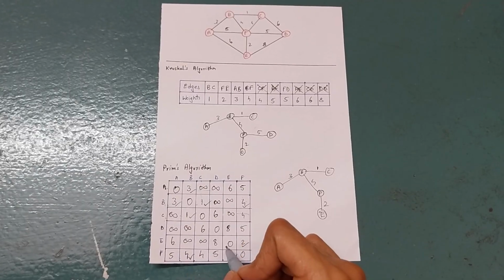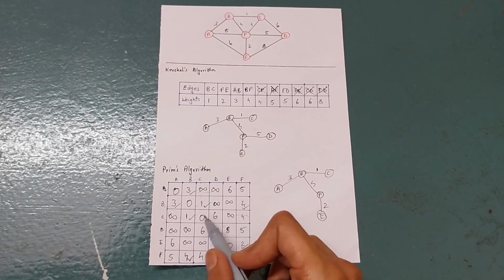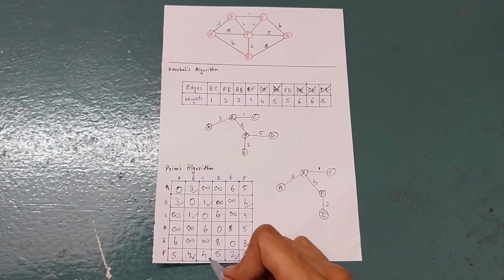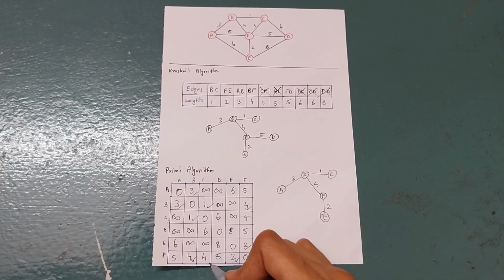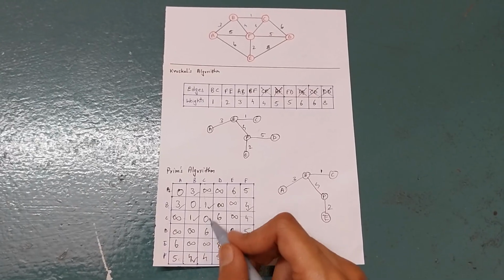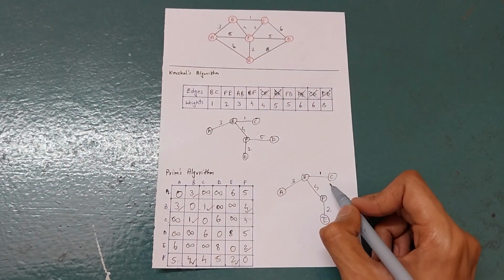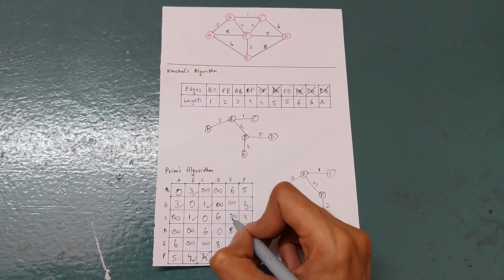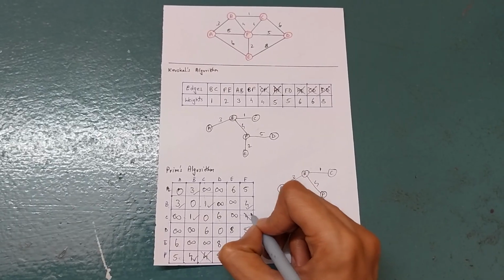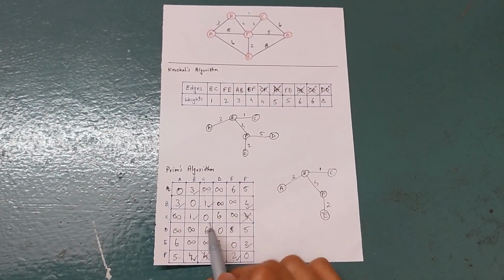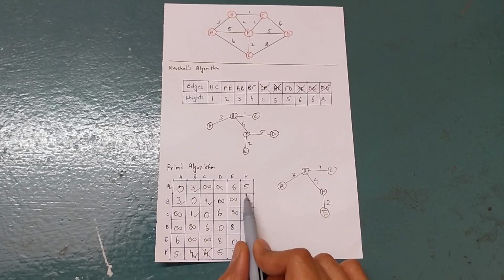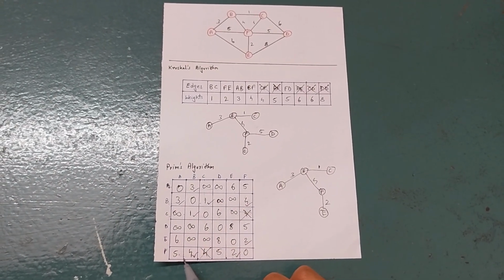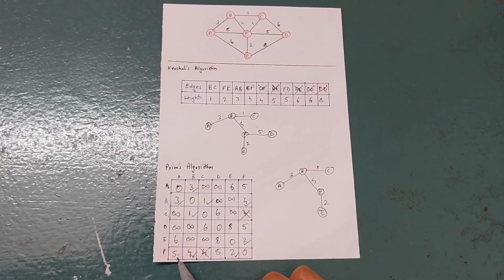So now you can see 6, 8, 4, 5, then 6, 6, 5, which is minimum. So I can see 4 is the minimum. So if I choose 4, F to C, it will form a cycle. So discard that value, F to C and C to F. Now we'll see which is the minimum. 6, 5, 6, then 8, 6, 5, 5. 5 is the minimum.